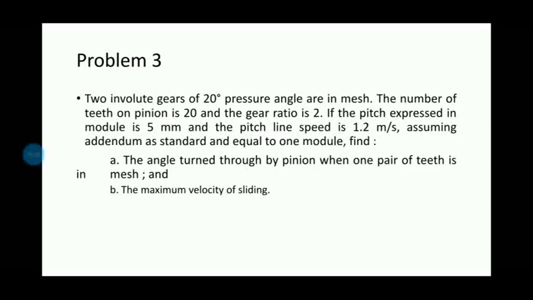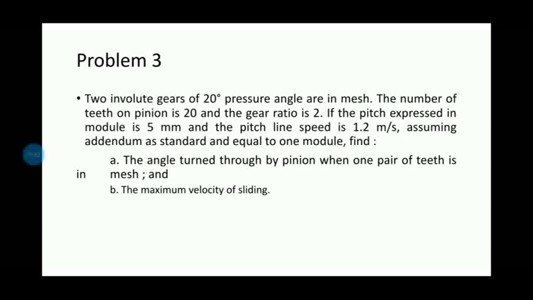You have module 5 mm. What is module? D by T. Therefore, you will get capital D and small d from this equation. What will be capital D? 20 into 5, 100, similarly small d is 100, capital D will be 200.